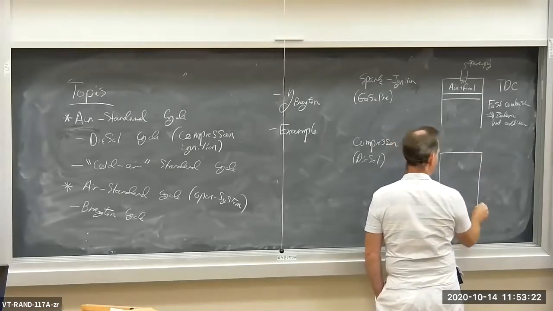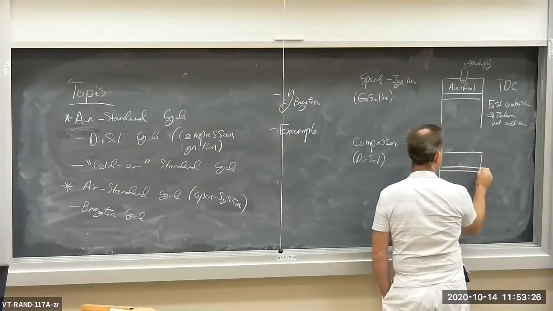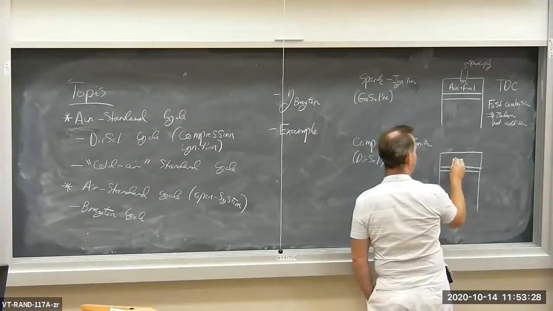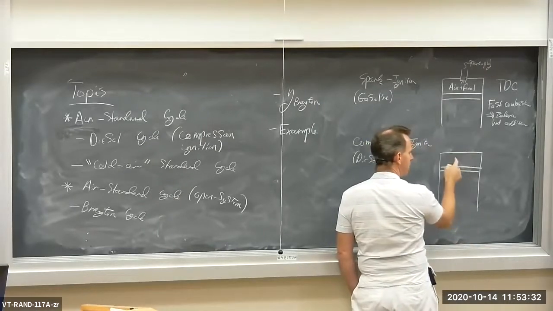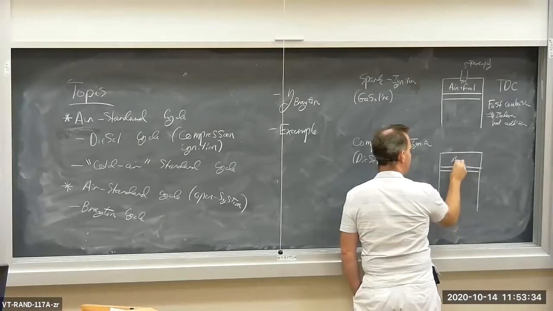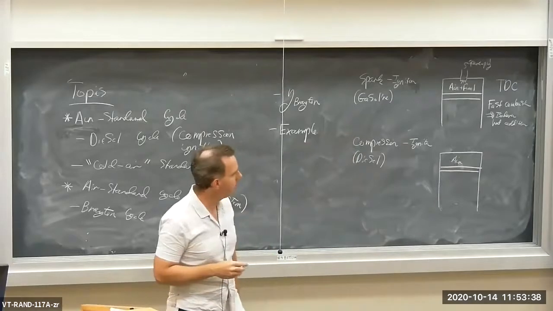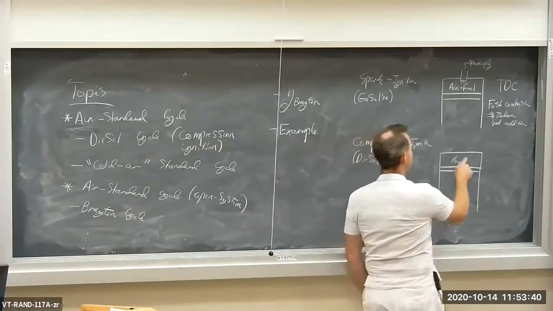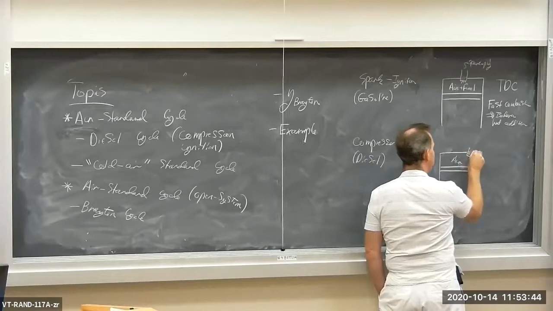So here we are around top dead center. Instead of having an air-fuel mixture pre-mixed and ready to explode, we simply have air, not fuel, just air. And we have a little fuel injector here.